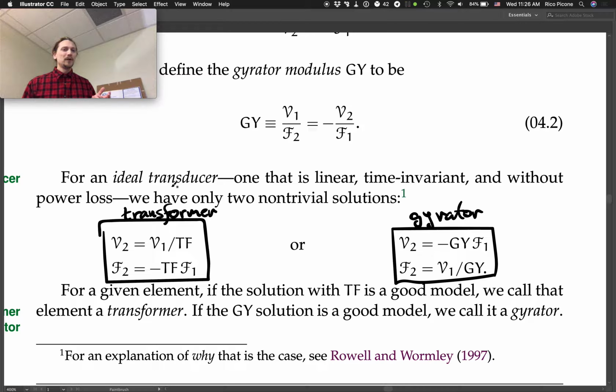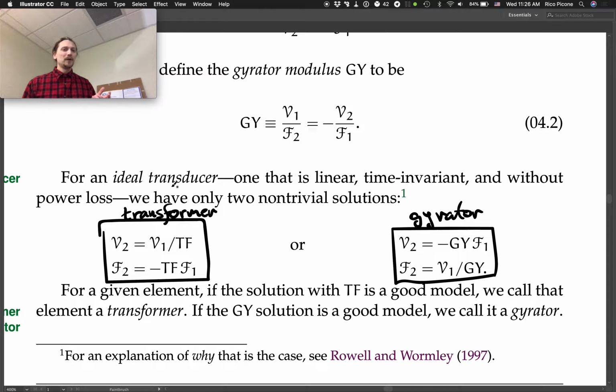Ideally they don't, but when you have a lot of wire wrapped for a large distance, if you wind it very tightly, you're going to have a lot of wire there. You're going to have resistance, which converts electrical energy into heat. You can account for that by putting in, on the electrical model side, a resistor. There's not a real resistor there, but we'll put it into our model to model the effect of coil resistance.